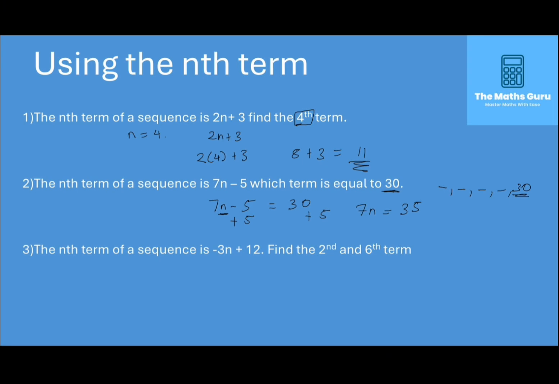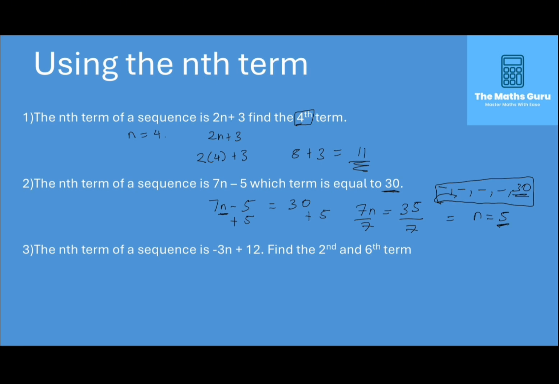Then we divide both sides by 7, and we get n is equal to 5. Oh, so the example that I had made actually came true, and this holds. So the fifth term in the sequence is equal to our 30.